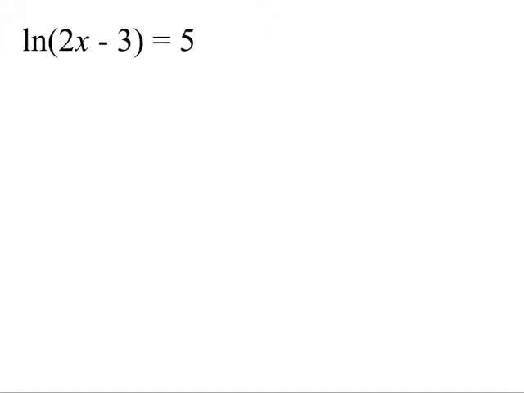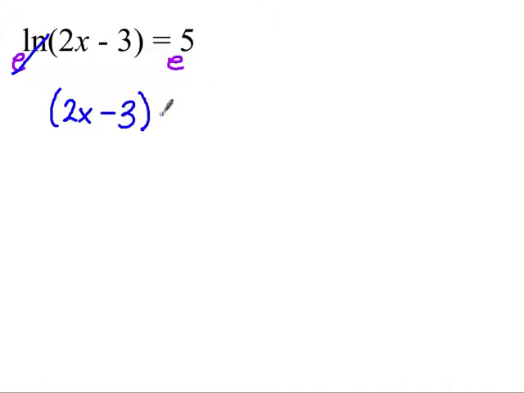Natural log of 2x minus 3 equals 5. So what are you going to do? Eat it up. Yep. So I'm going to take the natural exponential function, or e, to both sides. On the left side, what ends up happening is the e and the ln cancel, and that leaves me with 2x minus 3.